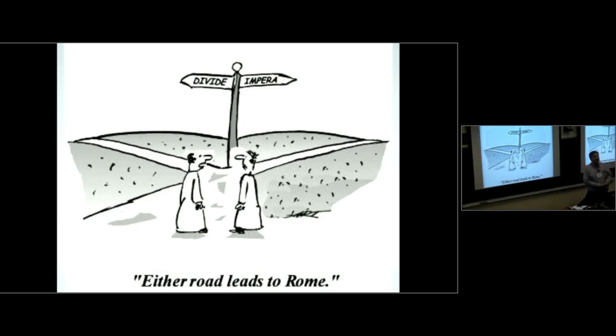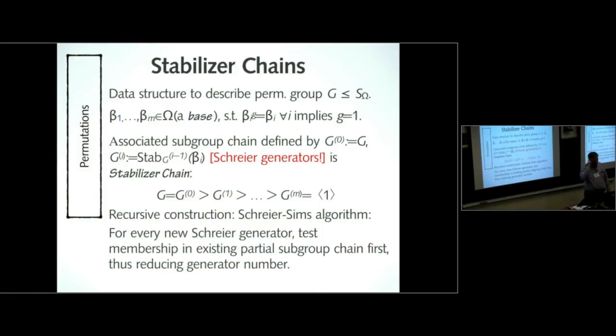That's the basic divide and conquer paradigm which is used in group theoretic algorithms. And if we go to permutation groups, that's the class of groups for which algorithmic theory has probably been developed earliest to a very satisfactory point.